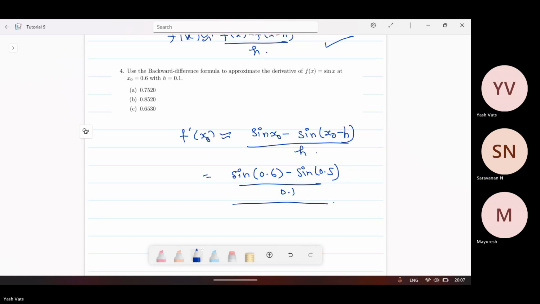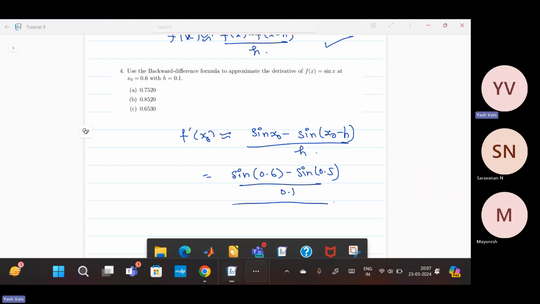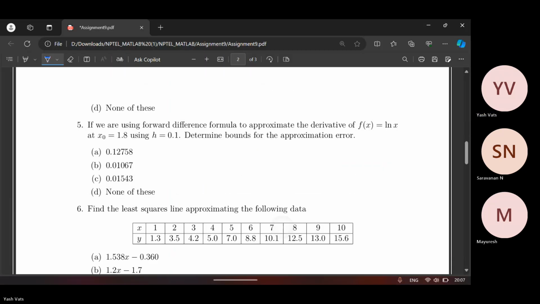If we are using the forward difference formula to approximate the derivative of ln x, determine the bounds for the approximation error. Okay, let's discuss this.